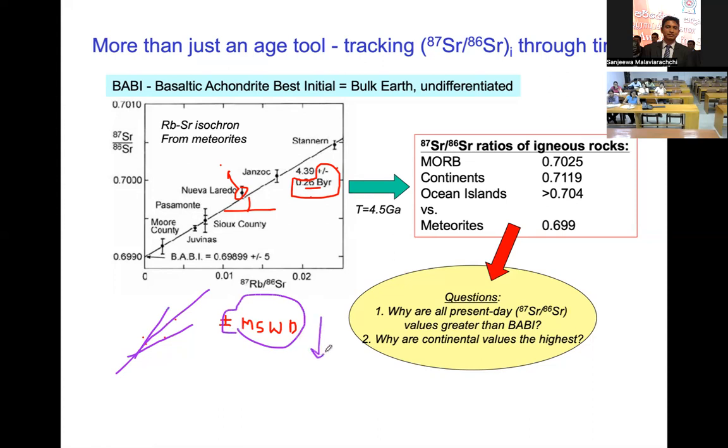If you get a very minimal MSWD, that means you are getting a best fit line, the most suitable line, the statistically reasonable line. Likewise, this isochron line is also a best fit line, a best fit line that will give you an age.